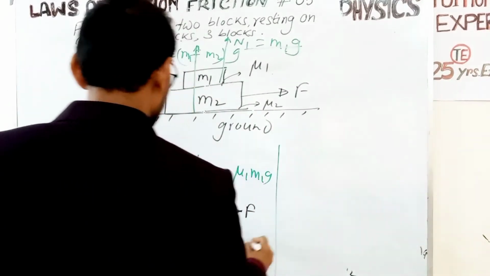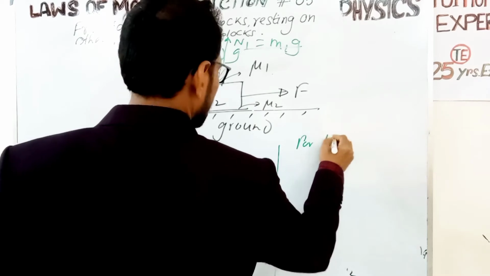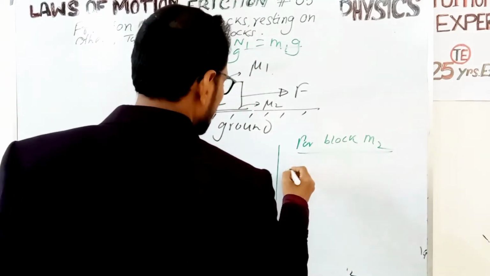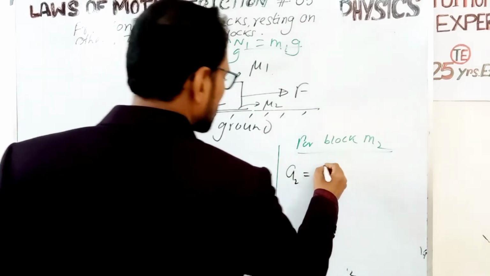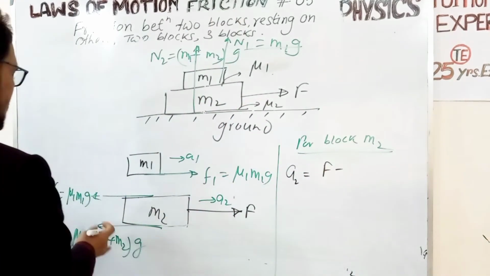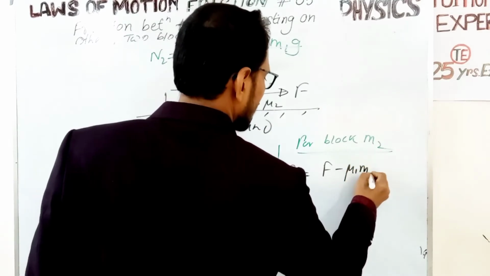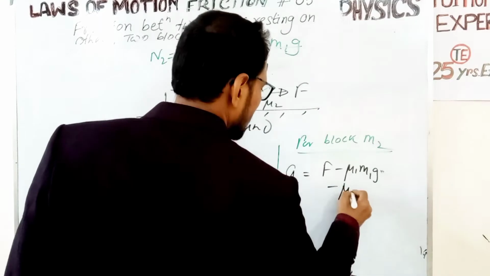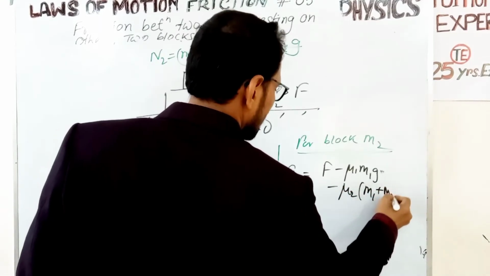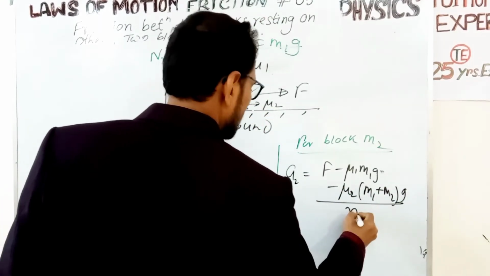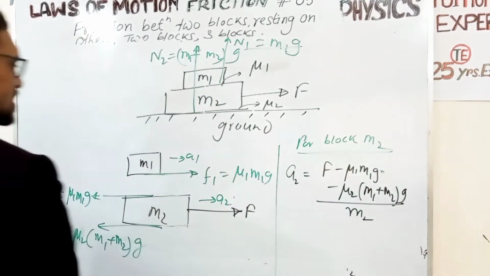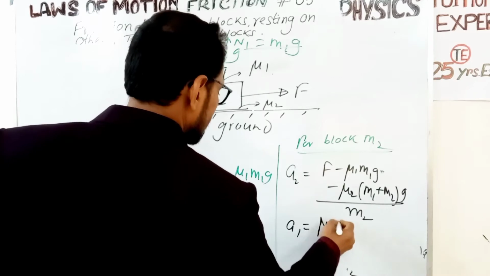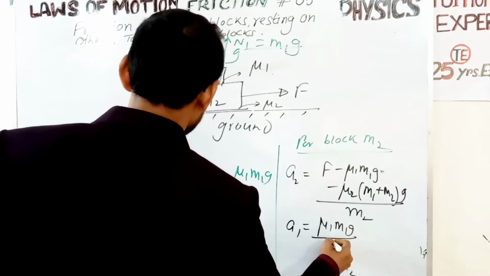So the acceleration of block a2 equals the net force, F minus mu1 m1g minus mu2 (m1 plus m2)g, divided by m2. So this is the acceleration. Now for block m1, a1 equals the driving force mu1 m1g by m1.